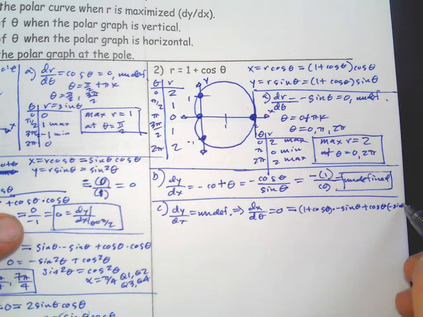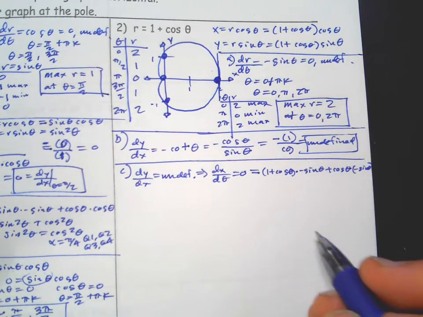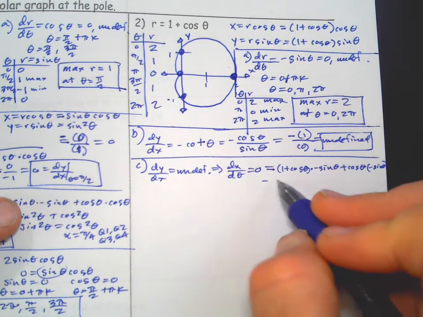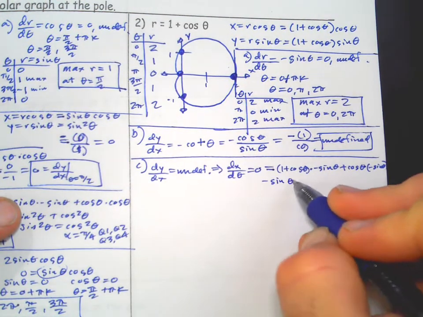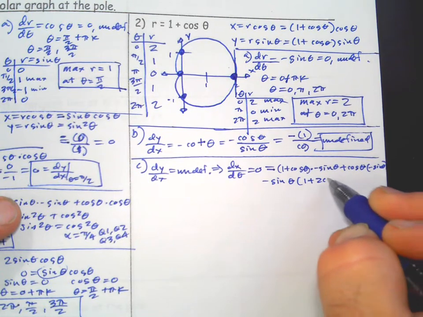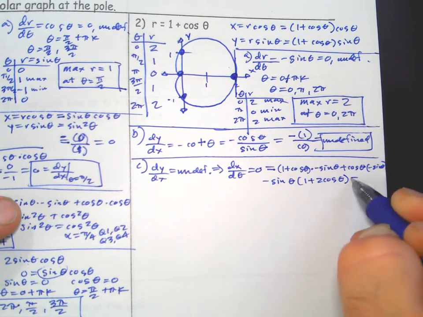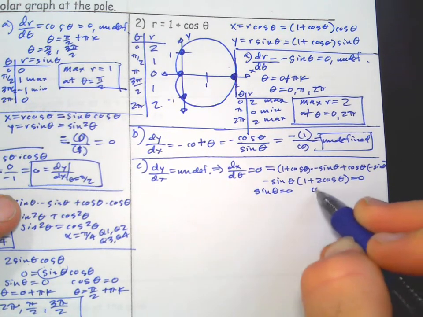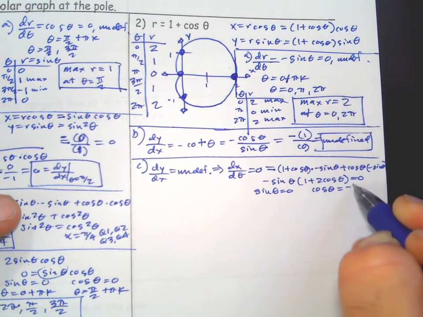We could factor that, taking a negative sine theta out of both of them, and then you have 1 plus 2 cosine theta equals 0. So sine theta equals 0, and cosine theta equals negative 1/2.